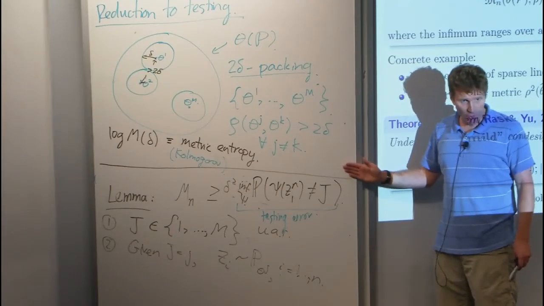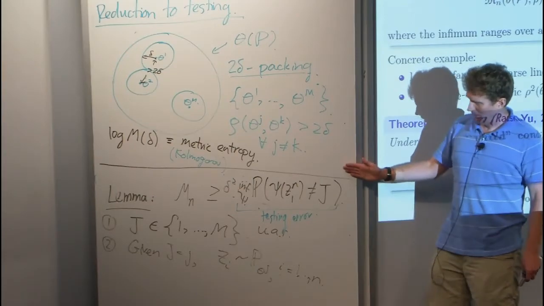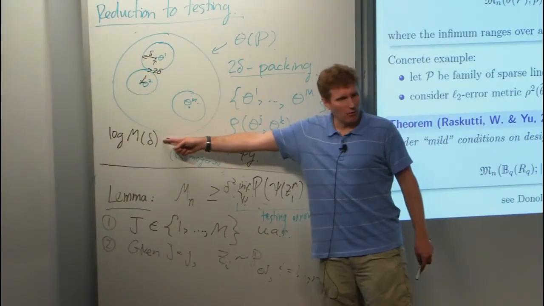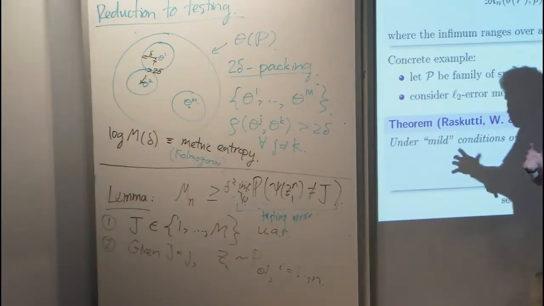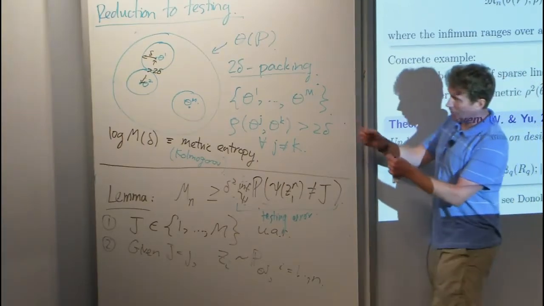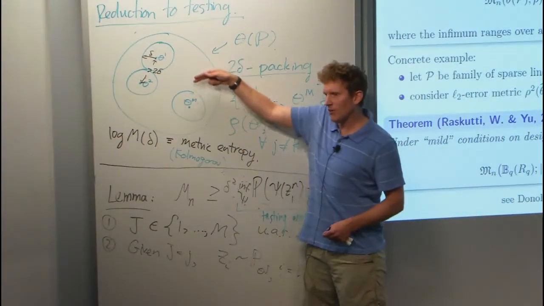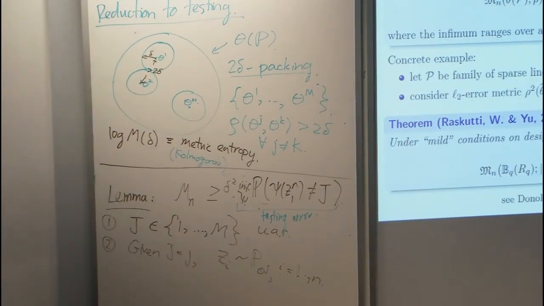One of them is Fano's inequality, which lower bounds this testing error using the log of the number of hypotheses and a mutual information. You get the ratio of those two quantities, and that needs to be controlled. An older method people used is called Le Cam's method, and in its simplest form it just uses pairs of hypotheses, and then it lower bounds this by something involving the total variation norm.